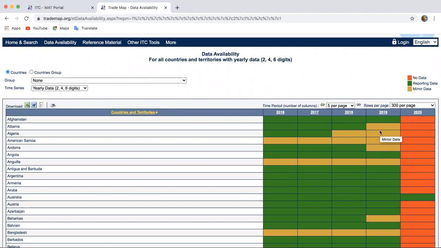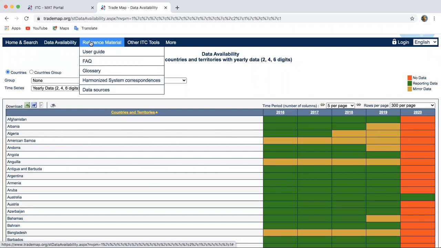It's not exact, but at least we have a good idea of what happened with Albanian trade. So if you ever see data in yellow, you know that this is data that has been reconstructed using its partner countries' data. You have reference material here at the top as well, which is very interesting.